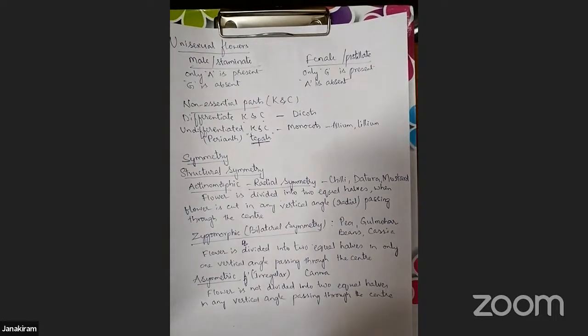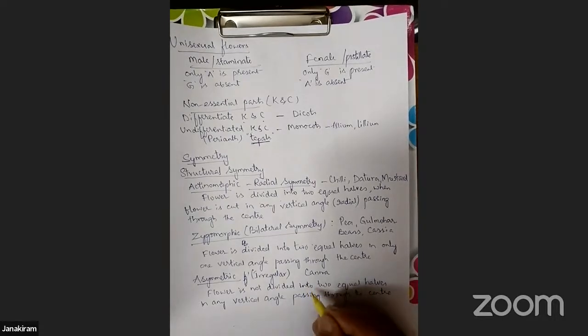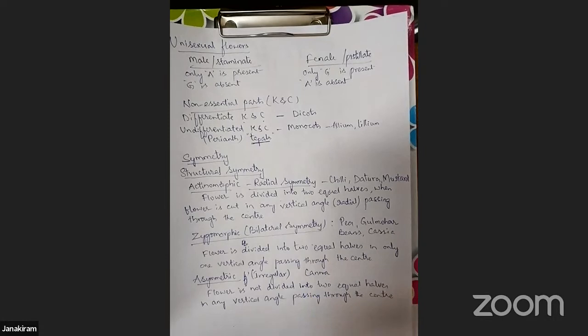Okay, then coming to the next, depending upon the number of floral, particularly the non-essential parts, the number of sepals and number of petals, there are three types of symmetries present.